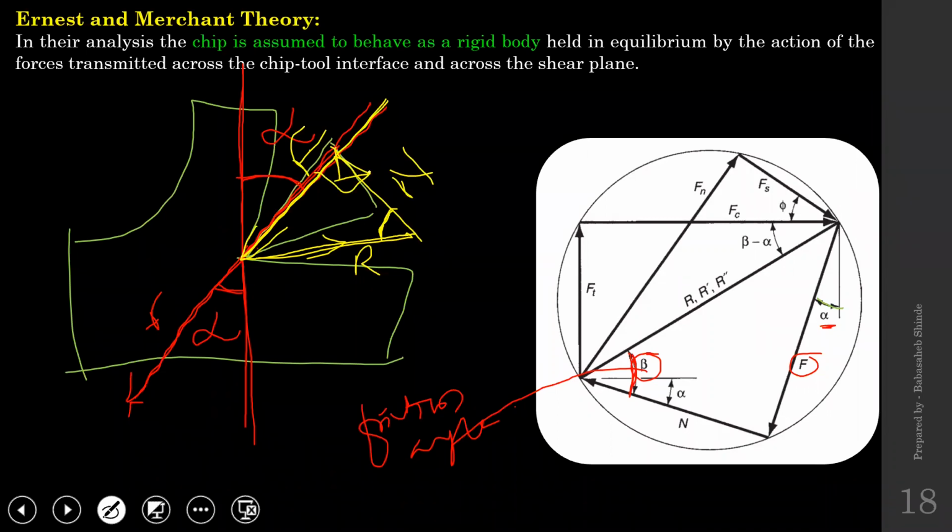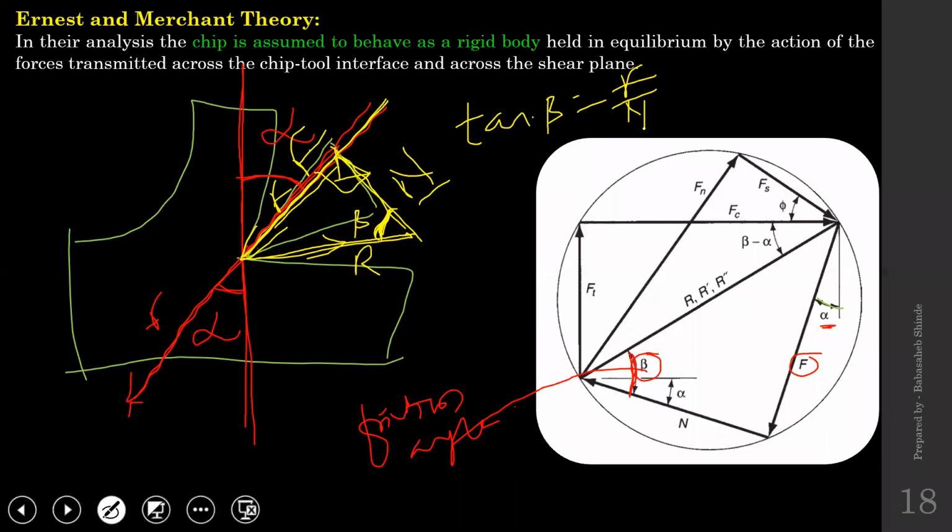Okay, and this angle I need to find. If I call this beta, and take tan of beta, that will be the opposite side, that is F, upon the adjacent side N. So that will be F by N. Okay, that you can calculate.